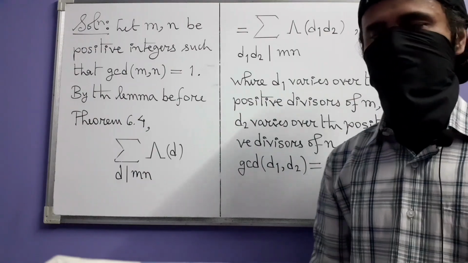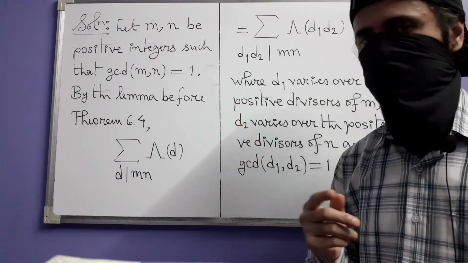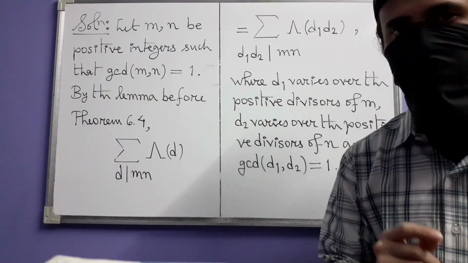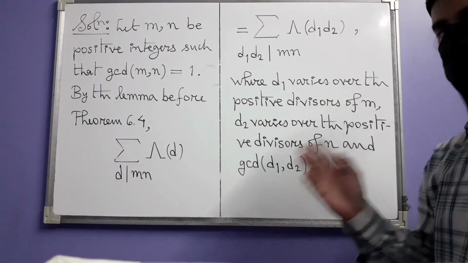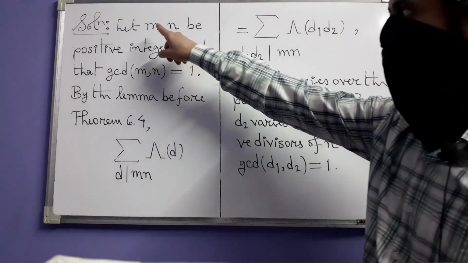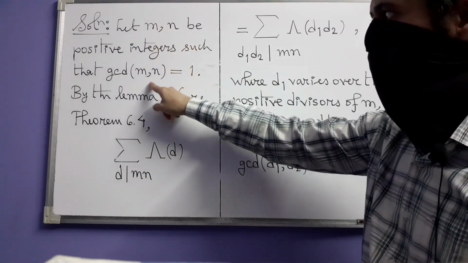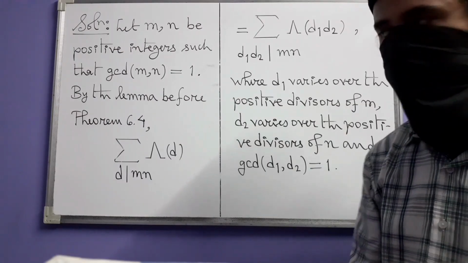We start the solution with something whose relation to this solution may not be apparent immediately, but it will be clear soon. So let's see what we are doing here. We have taken any two positive integers m and n which are relatively prime.